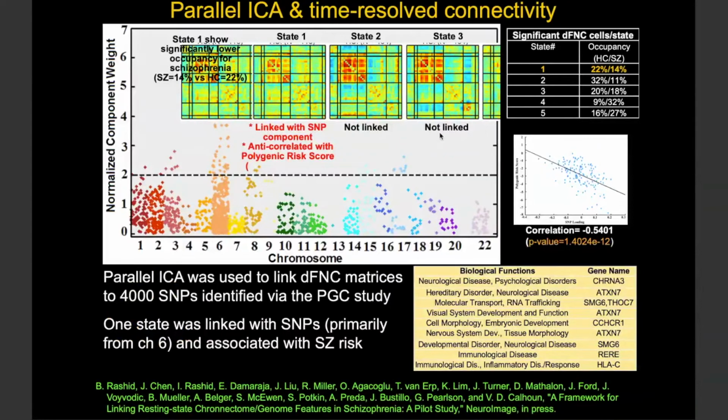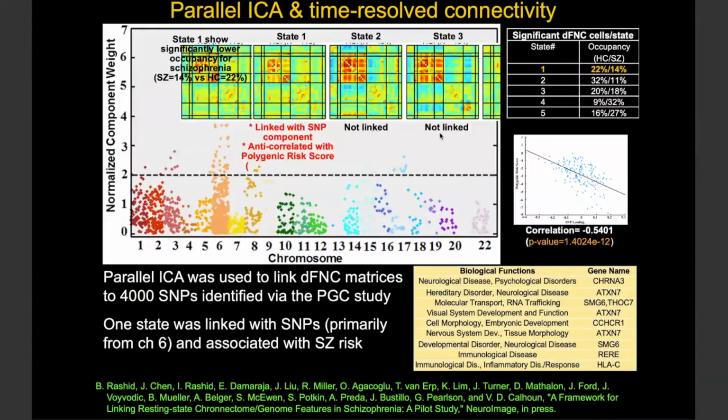Here we've got a SNP result that was linked to one of the states, state 1. We derived the polygenic risk score from the Psychiatric Genomics Consortia data and computed the score on these SNPs.